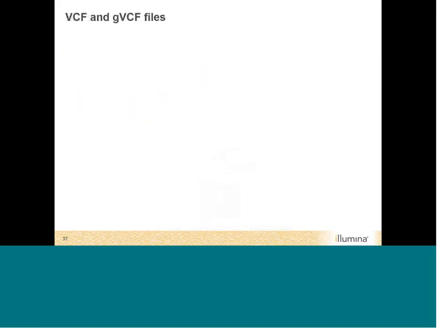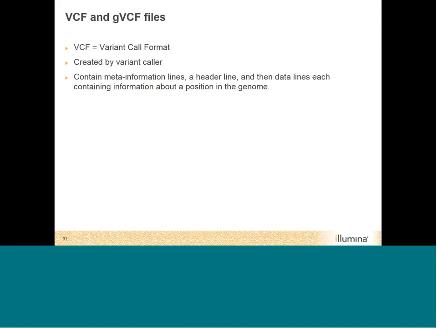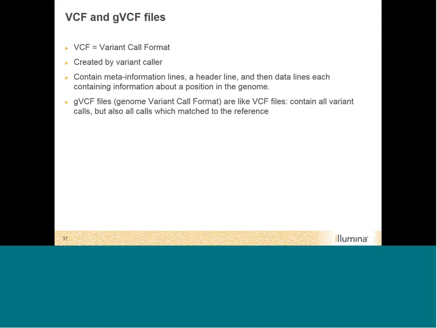Now talking about the VCF or the GVCF file. VCF stands for Variant Call Format. This file is created by our variant caller. It contains meta information lines, also a header line, and then it'll have the data lines that each contain the information about a position in the genome. The G in GVCF essentially just stands for genome.